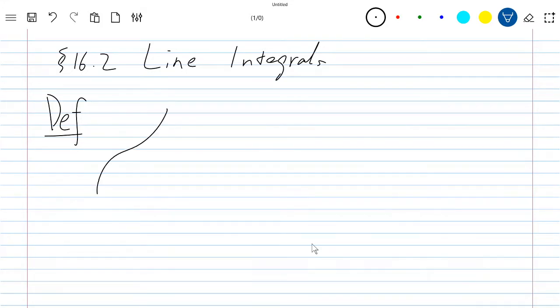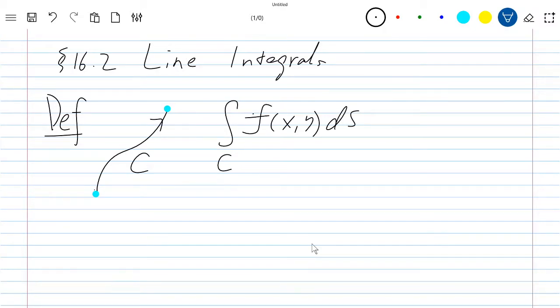So for a given curve, either in plane or space, let's say we start from a point and end at another point, let's call this curve C, then the integration over this curve of a given function, let's say xy in 2D or xyz in 3D.